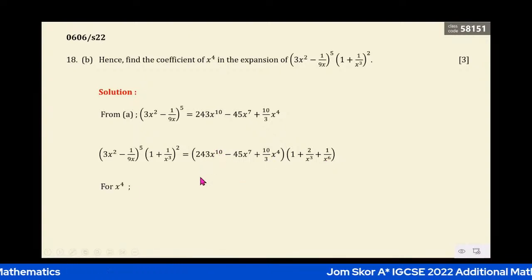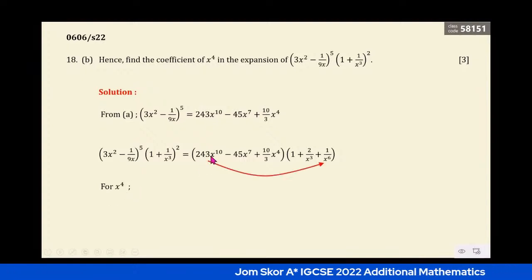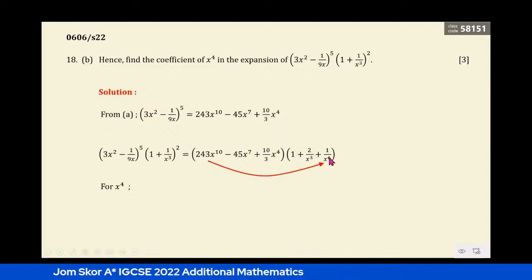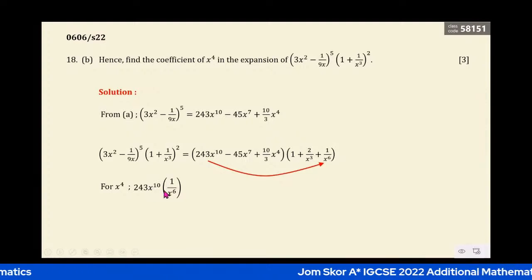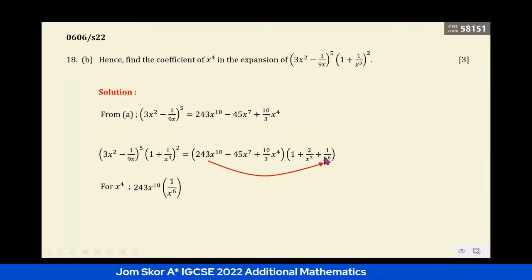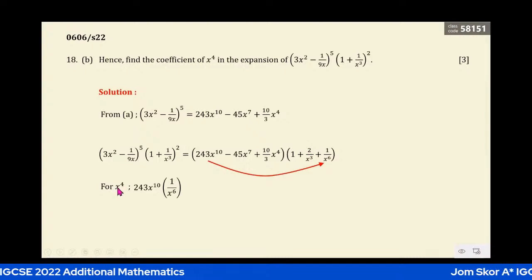Okay, so for x to the power of 4, you find this and this. You kena pair yang ini, multiply dengan yang ini to get 2, 4, 3. So x to the power of 10 times dengan 1 over x to the power of 6. Lepas tu, bila you dah jumpa this one, tak payahlah nak cari yang ni dengan yang ni. Confirm dia tak dapat x to the power of 4 dah.